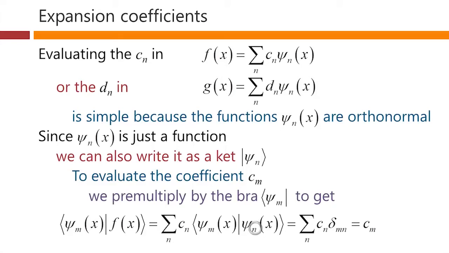In our expansion, we're writing out the ket vector versions of psi n of x. We're pre-multiplying by the bra vector version of psi m of x. Of course, since this is an orthonormal set, these just reduce to Kronecker deltas, and so we have our expansion coefficient Cm. So our expansion coefficient Cm is simply this bra-ket product.